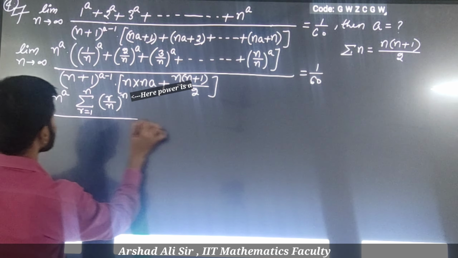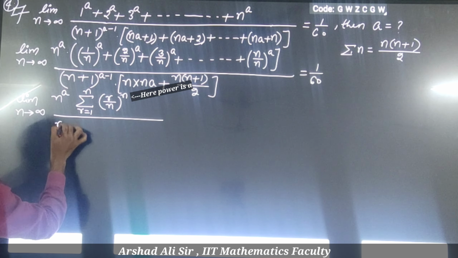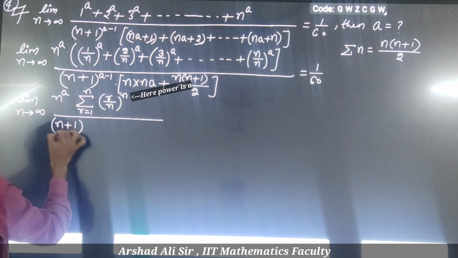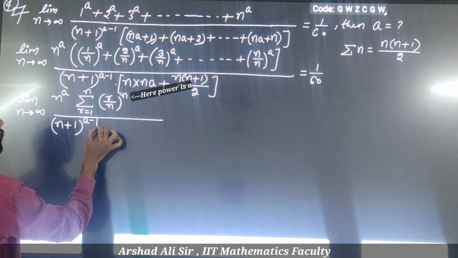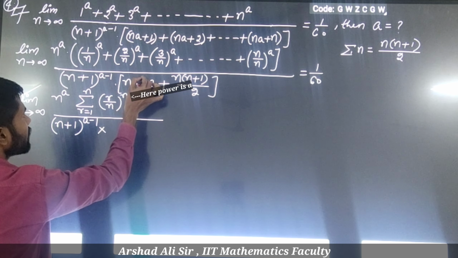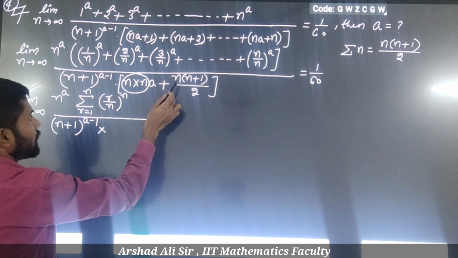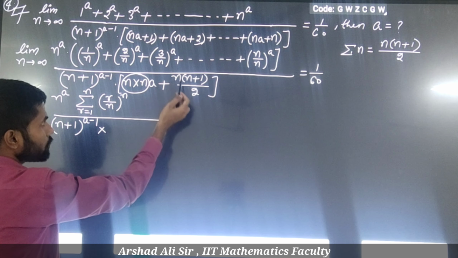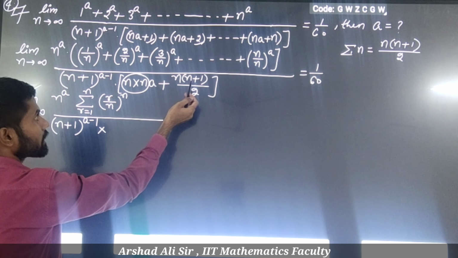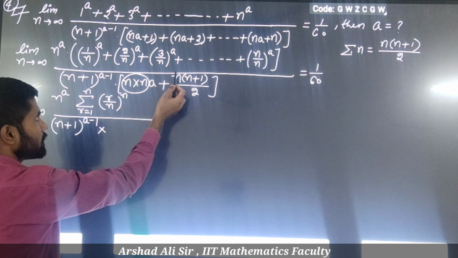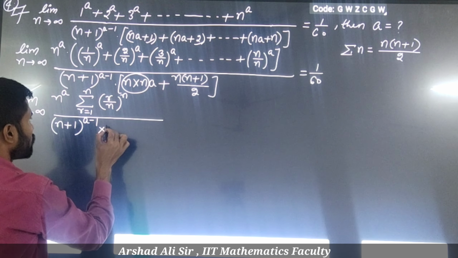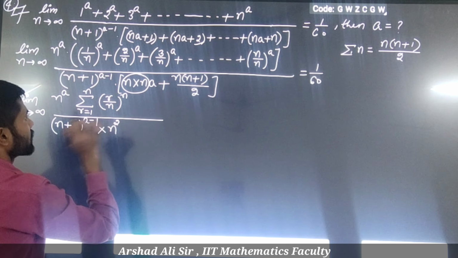Now in the division, (n plus 1) whole power a minus 1, okay, into, here we have n square, okay, and here we have n, and if you want to take n common from the bracket, so it means here also we have n square. So do one thing, take n square as common.